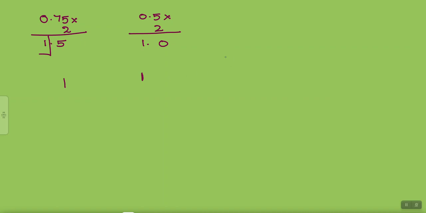And the next 2 bits, 0 into 2, that's equal to 0.0, also 0 into 2, that's equal to 0.0.